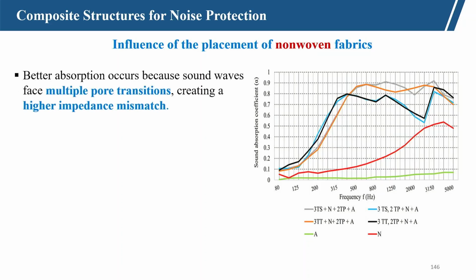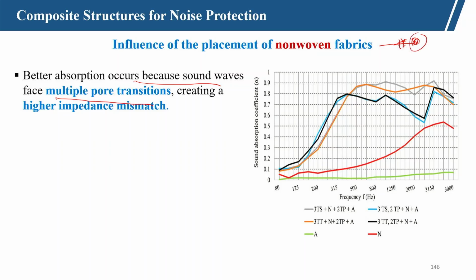Now, the same diagram. Better absorption occurs here because the sound wave faces multiple pore transitions. Woven fabric has different pores, and the next layer of woven fabric comes into interaction with the next level of pore.